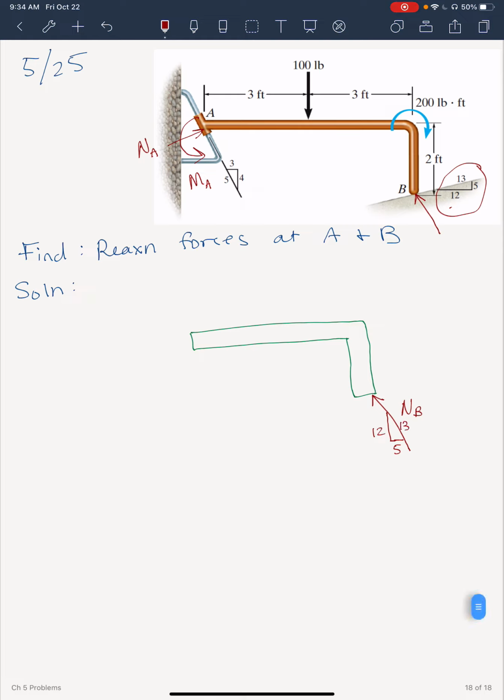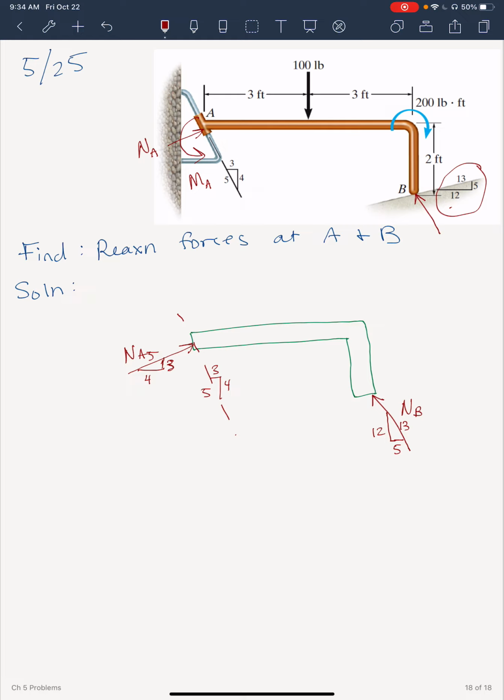And then at A, we also have a normal force at A. And then the same thing, that slope for this line here is over 3 and down 4, 3, 4, 5. And so this one will be over 4 and up 3. So it's just perpendicular to that.